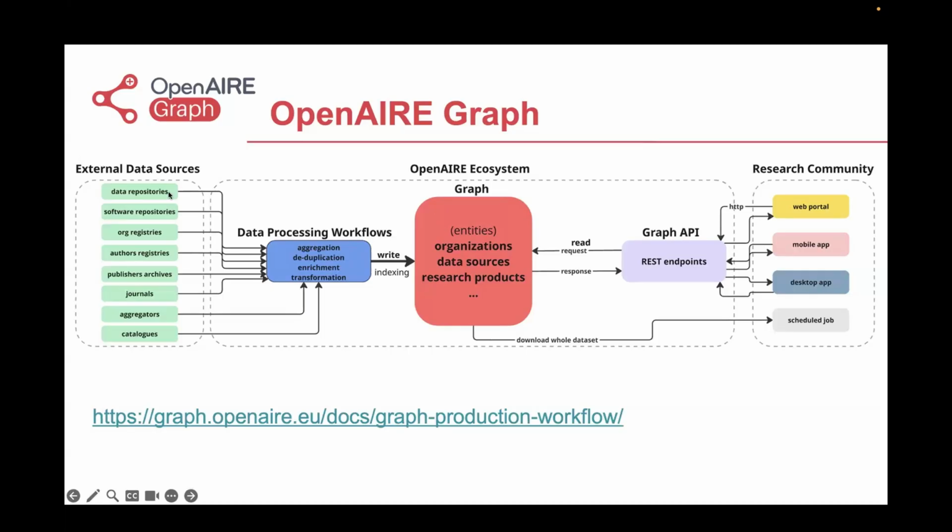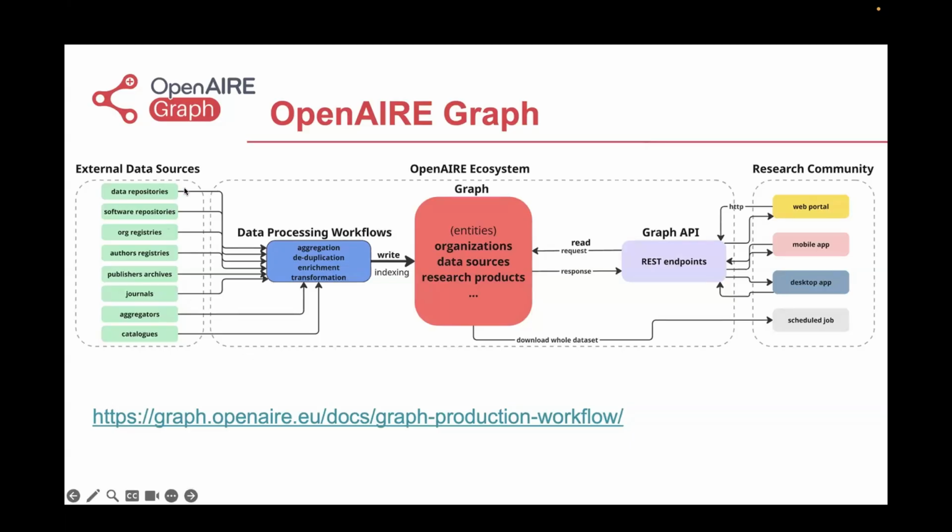You can see here on the left side of this picture that we collect all this data from external sources, and there are multiple different external data sources, like data repositories, software repositories, author registers, publisher archives, journals. There are many of them.